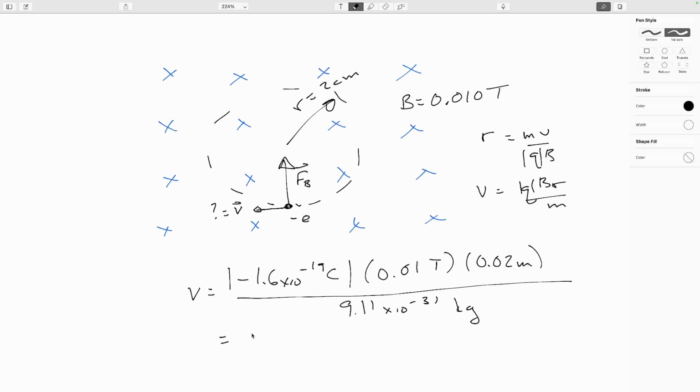This works out to be a speed of 3.51 times 10 to the 7 meters per second, which seems awful fast, and it is, but compared to the speed of light, it's about 11.5% of the speed of light. So given how lightweight an electron is, this is actually a pretty reasonable number here.